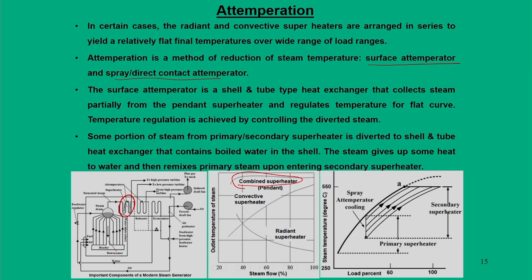Now, if you look at this curve, in a convective superheating mode, that is in the primary, the outlet temperature increases with increase in the steam flow rate, but in the radiant mode the outlet temperature drops. But to have this flat curve, we need to use the pendant type superheaters. But then what happens?